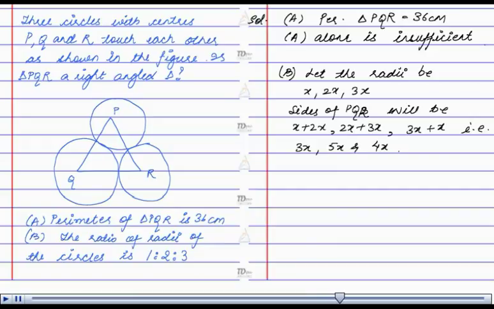This implies that the sides are in the ratio 3:4:5, which is a Pythagorean triplet.